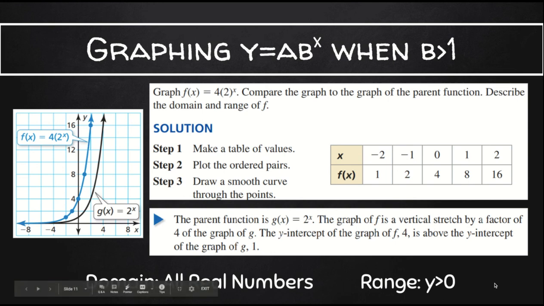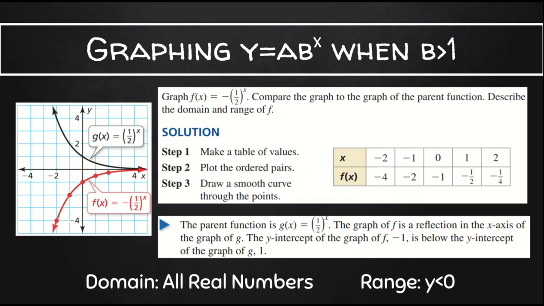Here, I want you to look at the parent function. It's this black line. So our most basic function is this g of x equals 1/2 to the x power, okay? When we put a negative out in front, I want you to notice that that would be our a. So our a, or our y-intercept here for this one, would be -1, okay?